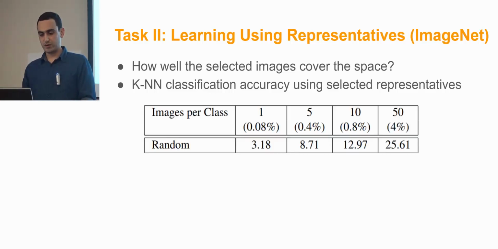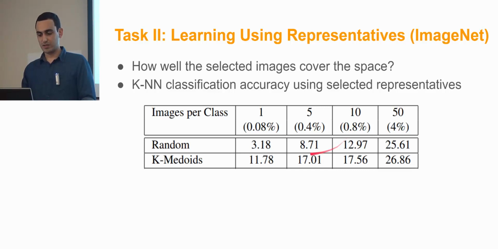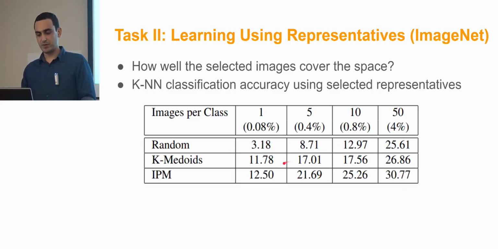These are the results if you just select randomly, like 1 sample per class or 5 samples per class. If you use k-method, you can see a huge improvement. But IPM can beat k-methods by up to about 8% here. And this shows that the samples selected by IPM are both better representatives and cover the space better.